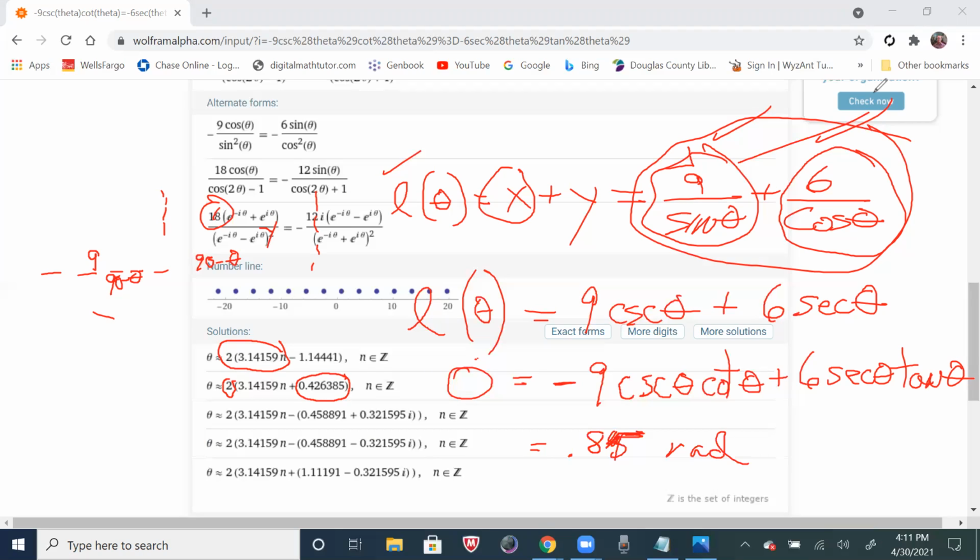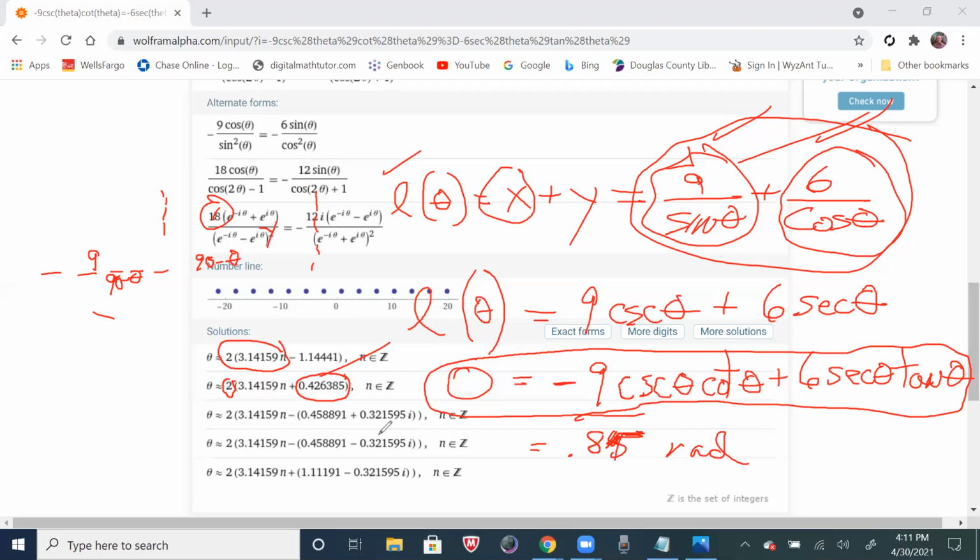Yeah, that's it. Okay. How did you get the conversion for the radians there? Calculus is always done in radians, never in degrees. So I know that when I solve this equation, my answer is going to be in radians. And I got that answer by taking the 2 pi n out and multiplying the 2 times the 0.42 to get 0.85.